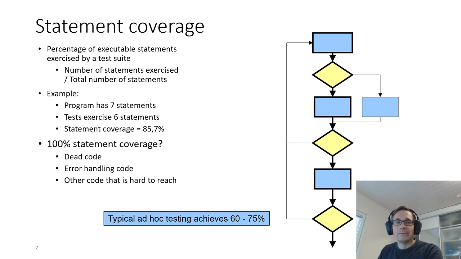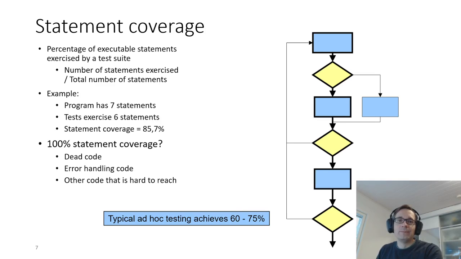Also, sometimes error handling code can be difficult to reach in normal testing scenarios. For example, assume that you have code on some hardware errors. For example, that you have a malfunctioning hard drive and you have some error handling code to take care of that.